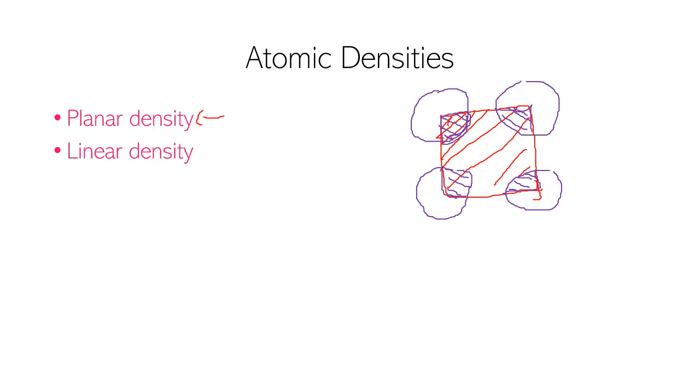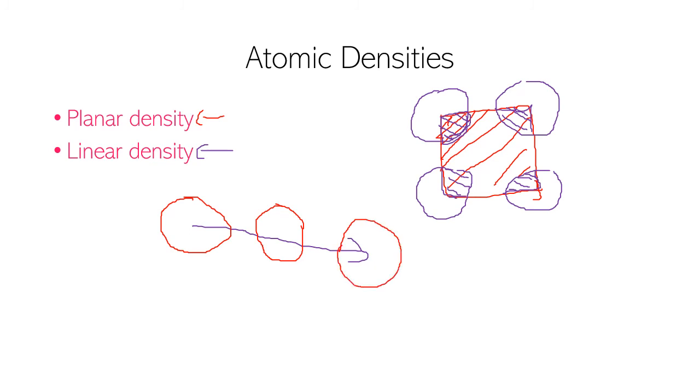Same thing for linear density. Planar density tells us how much of the area in a particular plane of a unit cell is occupied by the atoms in that plane. Similarly, for linear density, we have a particular direction, and let's say there are three atoms along this direction: one atom at the corner, one in the middle, and the third at the other corner.